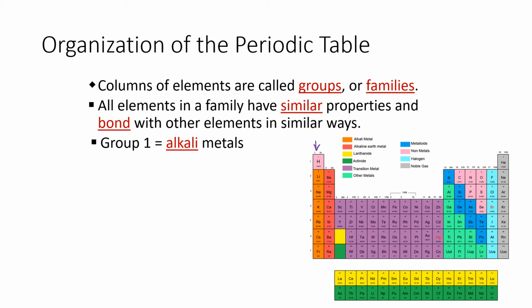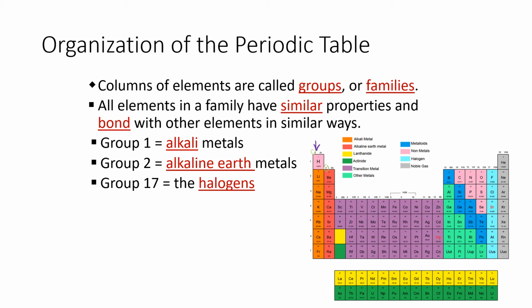Once again, ignoring hydrogen because it's kind of a weirdo. But anything in orange here is your alkali metals. Group 2 are your alkaline earth metals. So that's 1. You can see the little 1 there and the little 2 there. Group 17 is the halogens over here. And in group 18, the noble gases over there.